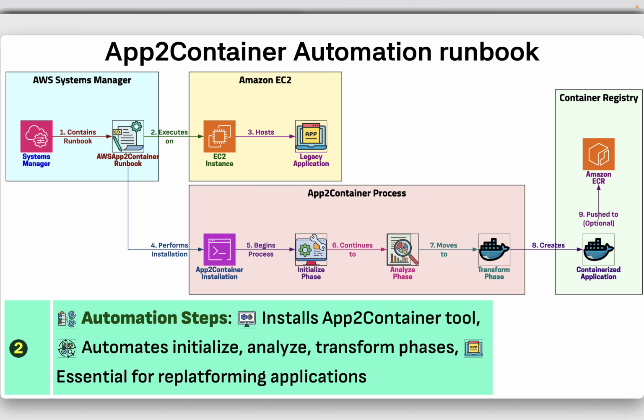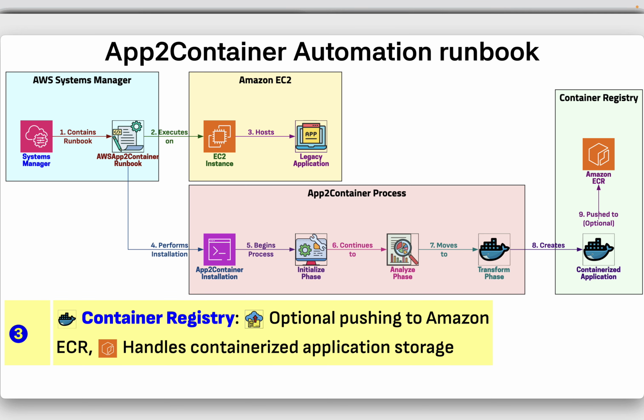Then, it automatically goes through the initialize, analyze, and transform phases, which are essential for replatforming your supported applications. If you want, the automation process can also handle pushing the resulting containerized application to Amazon Elastic Container Registry.